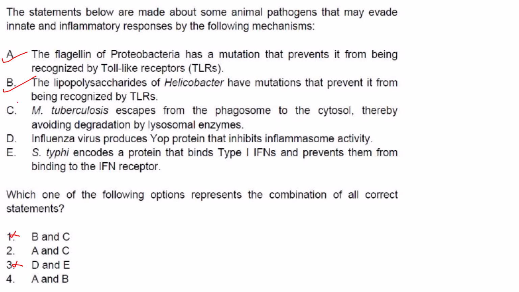So that is wrong, and your right answer is A and B. The other one, influenza virus produces YopJ protein? No, YopJ protein is not produced by influenza virus. It is PB1-F2 and NS1 that inhibit inflammasome activity. Then Salmonella typhi encodes a protein that binds type 1 interferons and prevents them from binding to the interferon receptor. It's also not correct. So your answer is A and B.